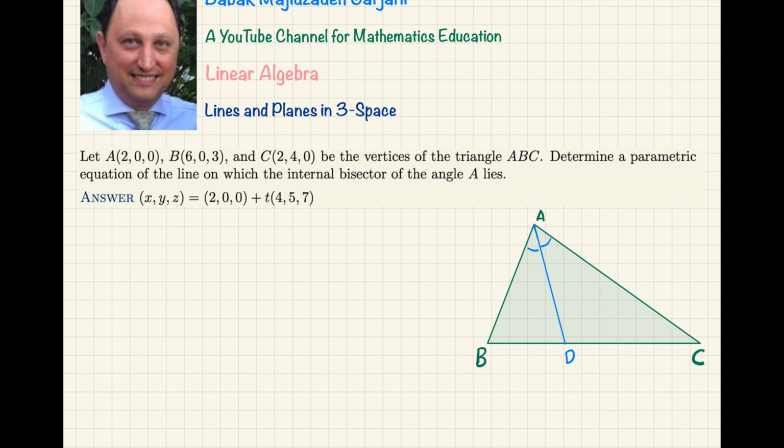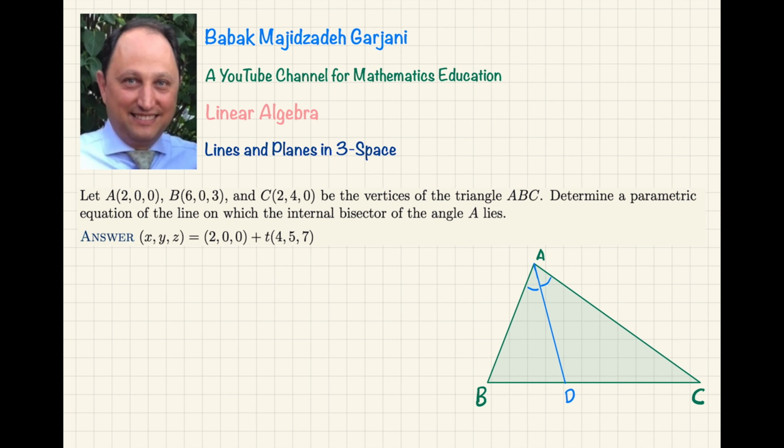And you know that for finding an equation for a line, I need two pieces of information. One piece is a point on the line, which of course you see that A is a point on my line. So that is good and that's enough for my purpose.